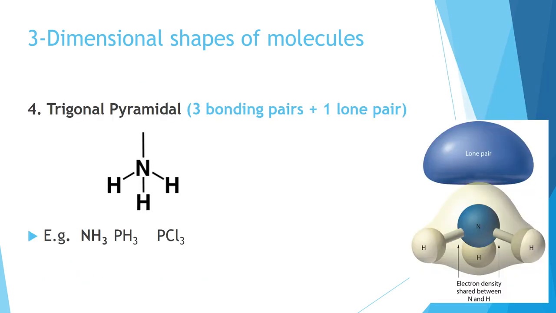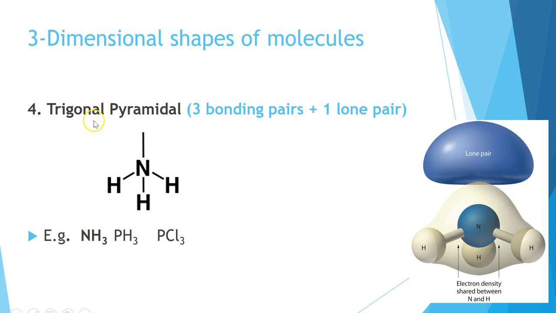Trigonal pyramidal, and one of my favorite pictures here, which shows that that lone pair occupies more space, and this is why it pushes things around. This lone pair repulsion up here is pushing the hydrogen atoms down because the repulsion up here is greater, so that it has more space.